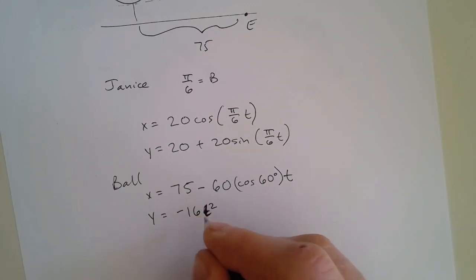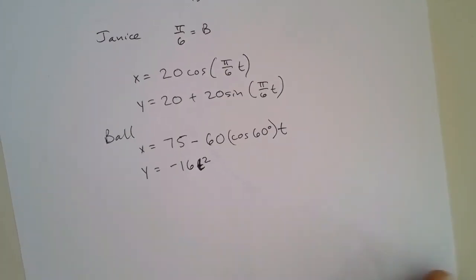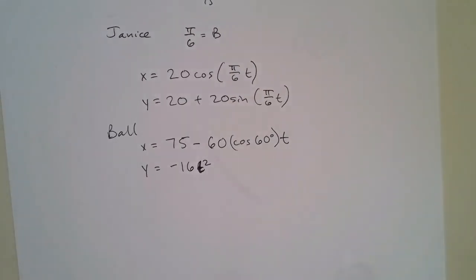I know it's not the 32 that's there, but just believe me, it's the negative 16. I can't really explain why. It's calculus related why you're going to have a negative 16 when it's 32 there. But it is. Sorry. So we just got to know that.